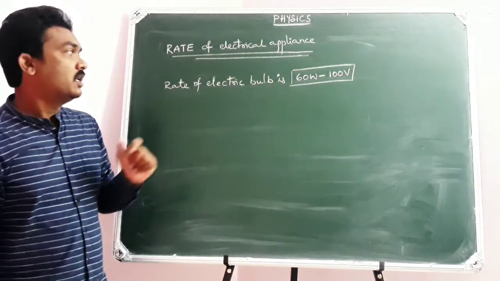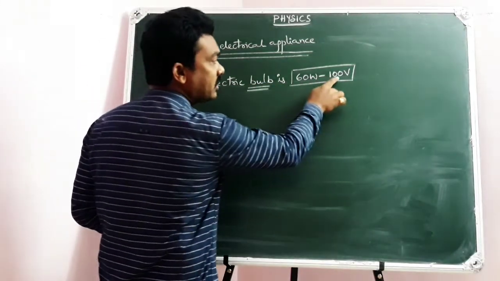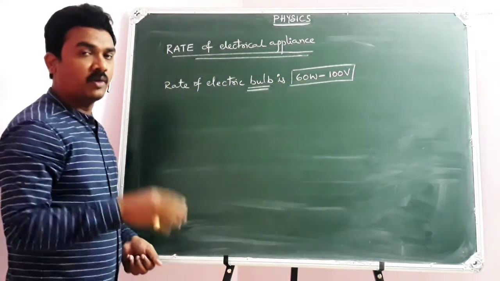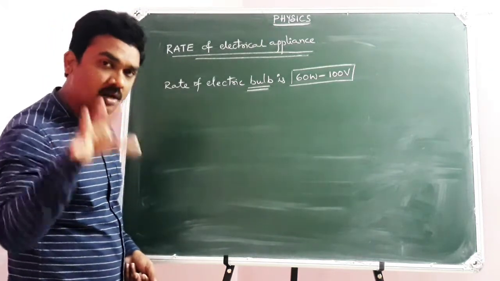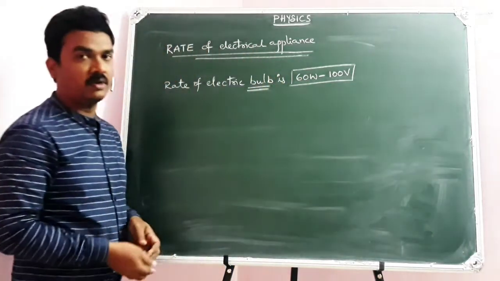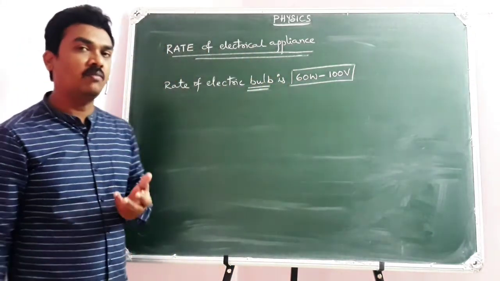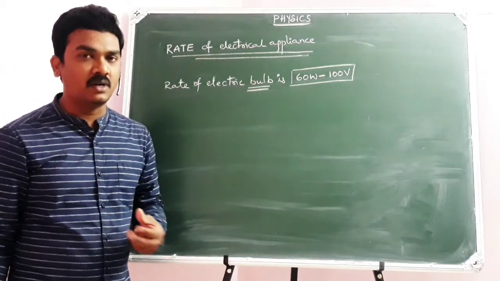It means that if the potential difference across the particular electric bulb is 100 volt, then it will consume 60 watts of electric power.